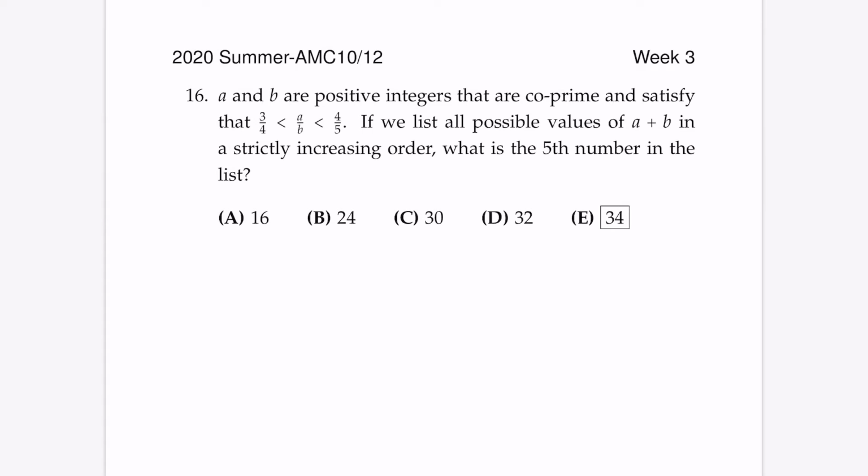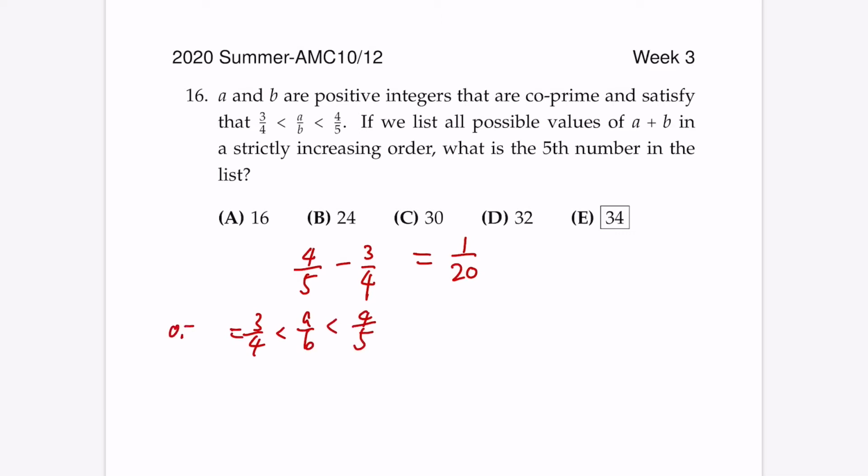So first, let's observe that the difference between 4/5 and 3/4 is equal to 1/20. Suppose that A over B is somewhere between 3/4 and 4/5.